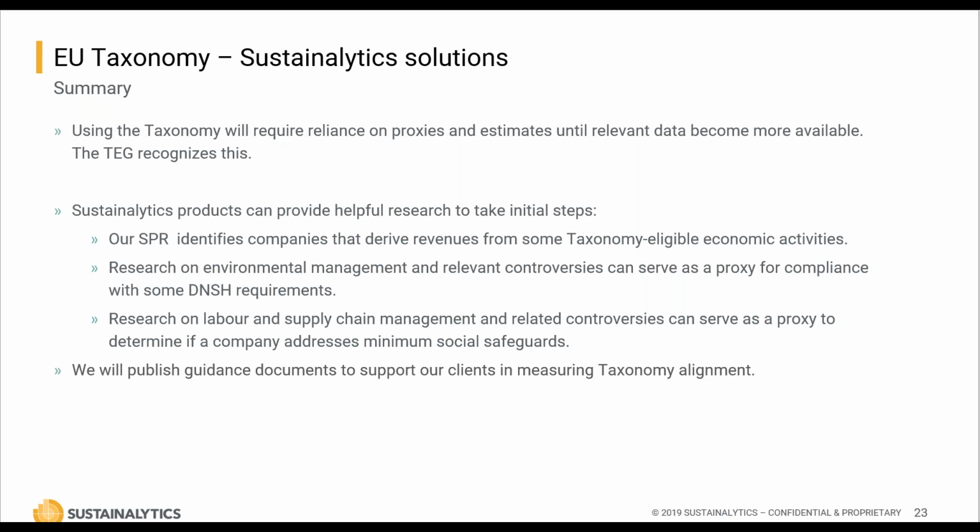We are looking for opportunities to better align our research in certain ways with that taxonomy in order to enhance the solutions we can offer. And we also intend to publish guidance documents to support our clients as they use the taxonomy. Okay, so next slide, please, Emer.